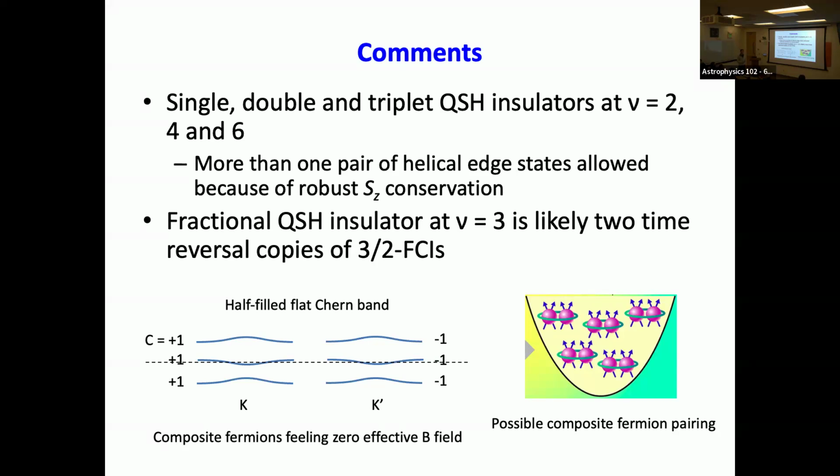Sorry, I just have to ask: you say Sz is conserved, but how good is the conservation? Presumably, that's not exact, there isn't a symmetry. Yeah, so the spin orbit field for the valence band for monolayer material is 200 millivolts, and the bandwidth of all these flat bands will normally be 10 millivolts or something like that.